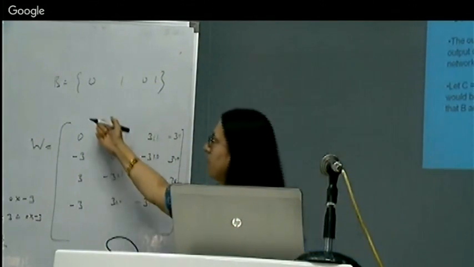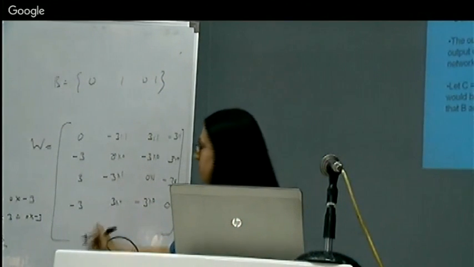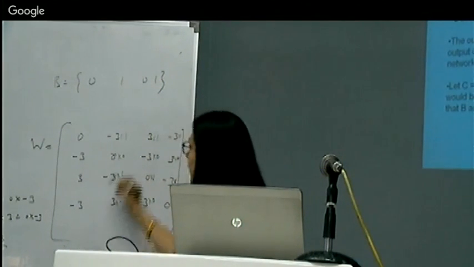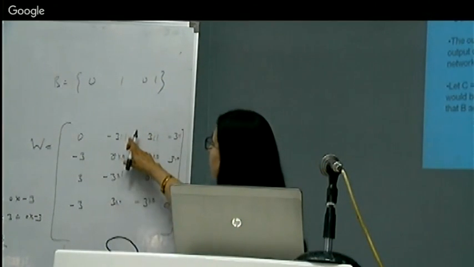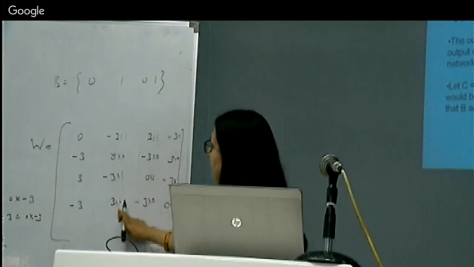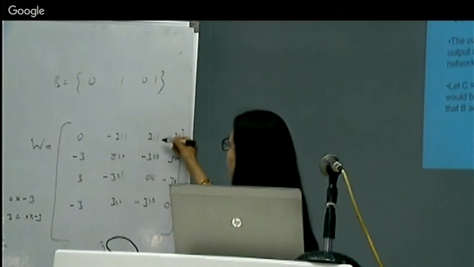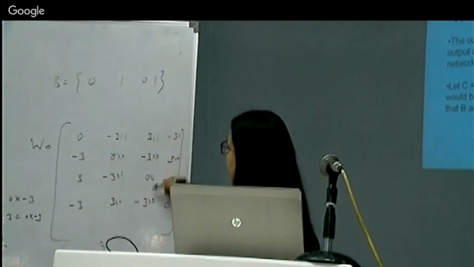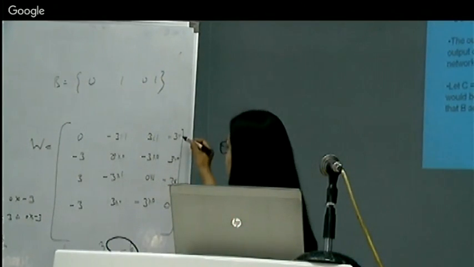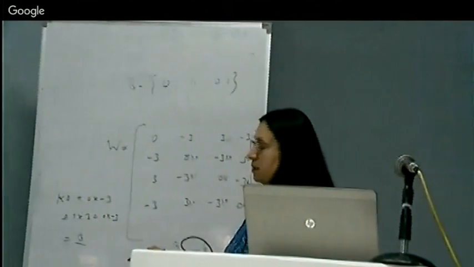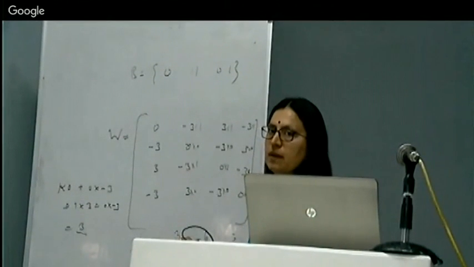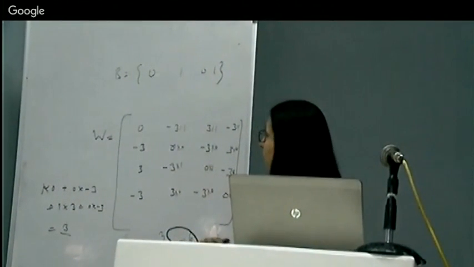So for the first column we'll get an activation of -6. For the second column we'll get 3. Again 0 1 0 1 will give us -6, and 0 1 0 1 will give us a 3. So when we apply the threshold function, -6 will give us a 0, 3 will give us a 1, again 0 1. So the same pattern is recalled.